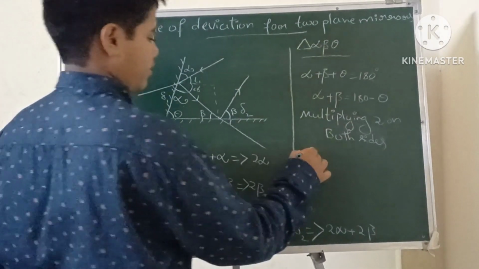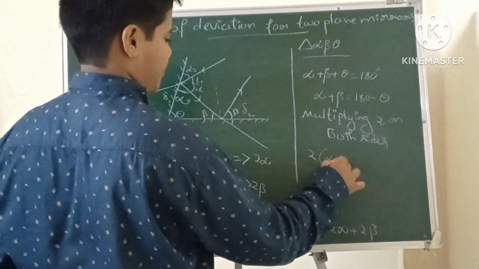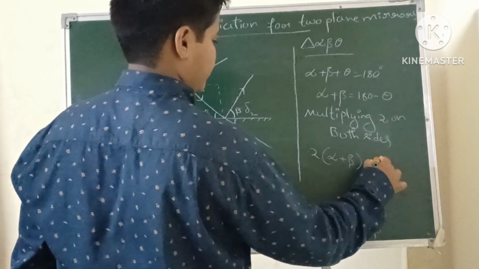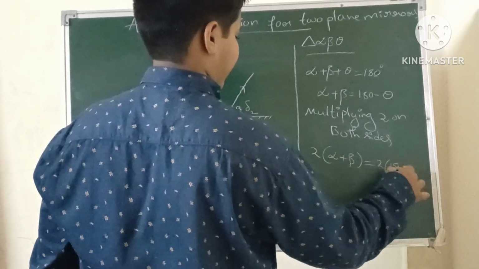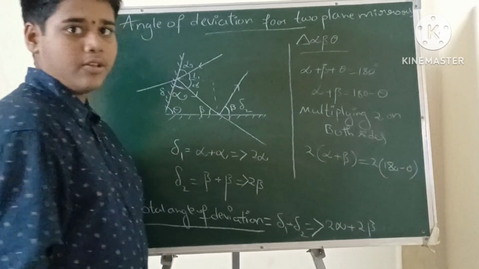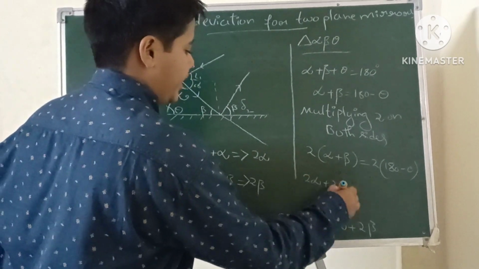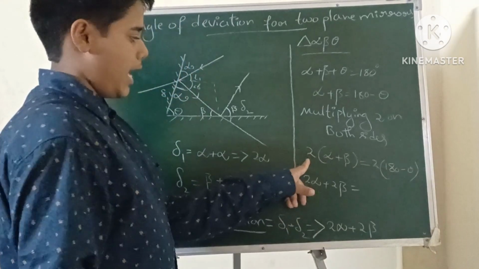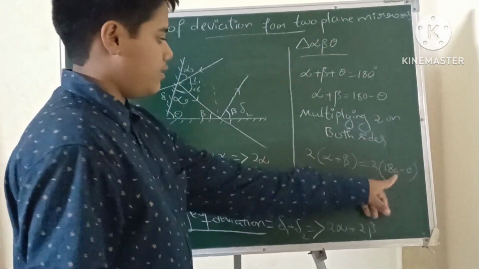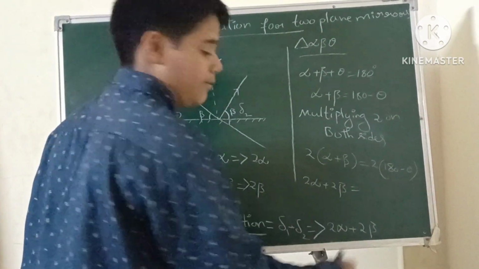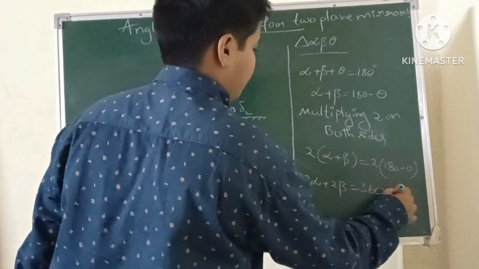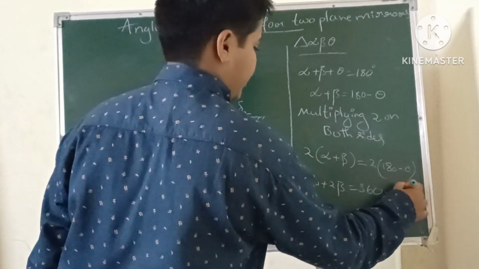Okay, so this is 2 into alpha plus beta and this is 2 into 180 minus theta. Okay, so in this 2 alpha plus 2 beta is equal to 2 into 180, 360, minus 2 into theta, 2 theta.